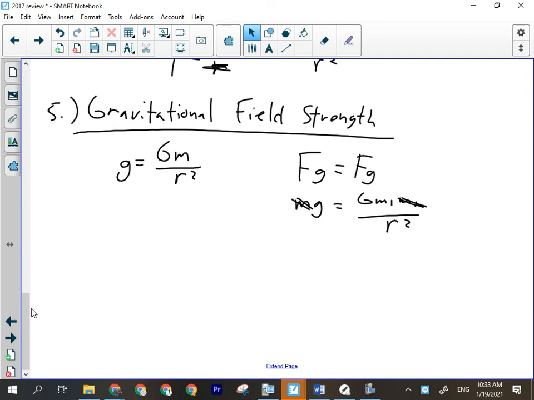Question 5, conservation of mechanical energy. Six is vertical circular motion. Seven, satellite question. Eight, Doppler question.